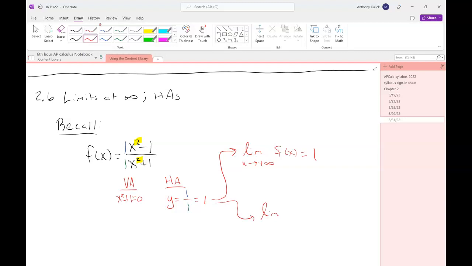Or the limit as x approaches negative infinity of f of x should also, or could also give me 1, right? One of those two things should be true. I think for this one, both of them are true. What's this going to look like? Both those two things would be true.